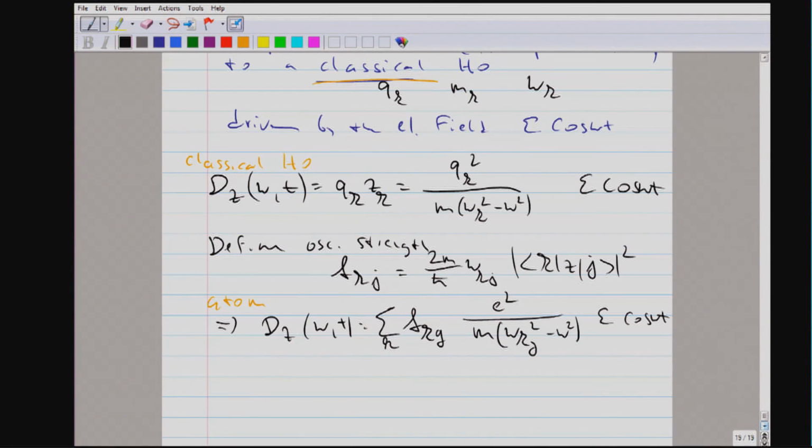And this here is just another expression for the polarizability alpha.